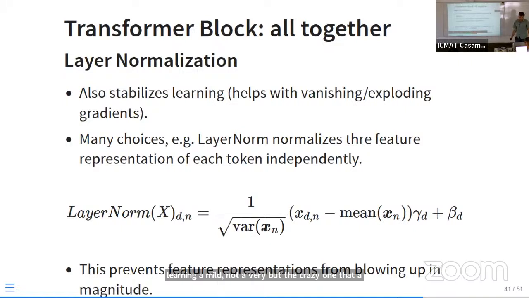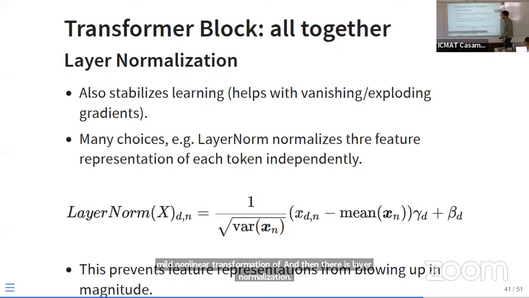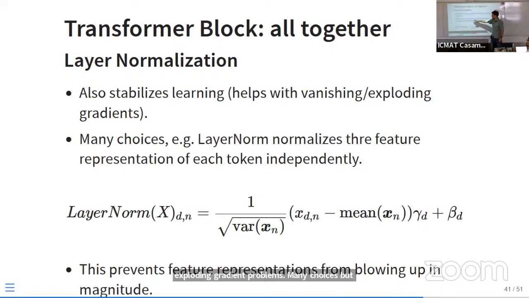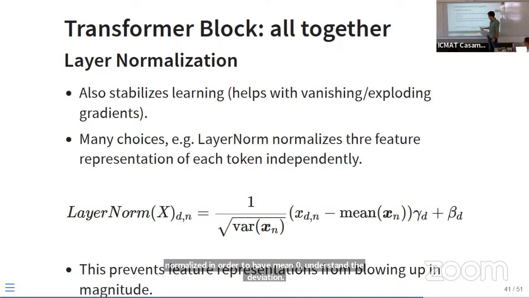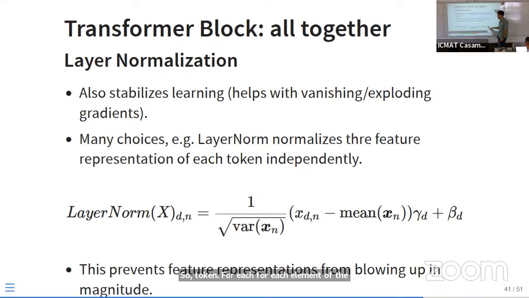And then there is layer normalization. It's another mechanism that helps with vanishing and exploding gradient problems. There are many choices, but ChatGPT, for instance, uses layer norm, in which the representation of each token is independently normalized in order to have mean zero and standard deviation one. So for each element of the vector representing the token in position n, we subtract the mean of all the elements in that vector, divide by the standard deviation, and then we add a few parameters, beta and lambda, which are learned.